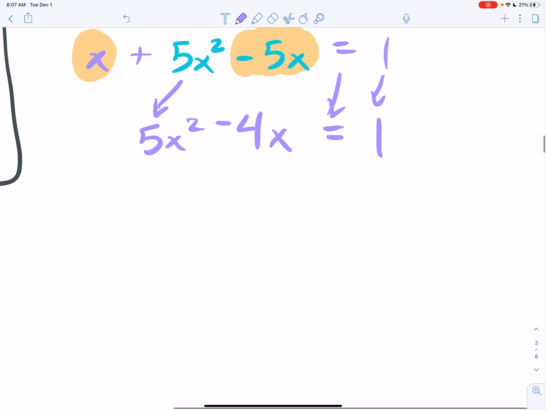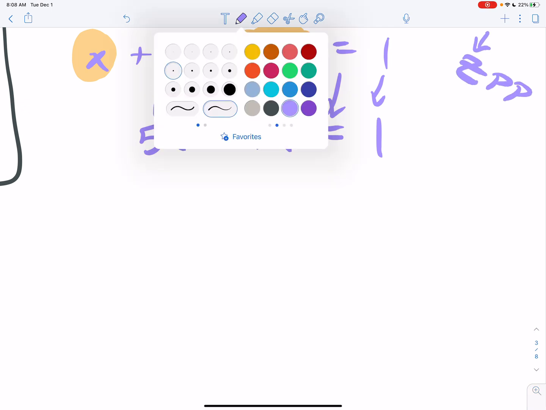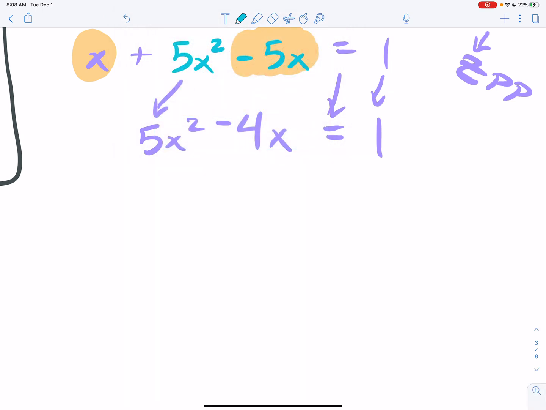Okay, still not that different from what we did before, all right? So since we have a quadratic because of the square, we want to use the zero product property. So the zero product property, first we need a 0. So the easiest thing to move is this 1 right here. By doing the opposite, I can move it to the other side. Now 1 doesn't go with either x squared or x, so I'll just squeeze it right here.